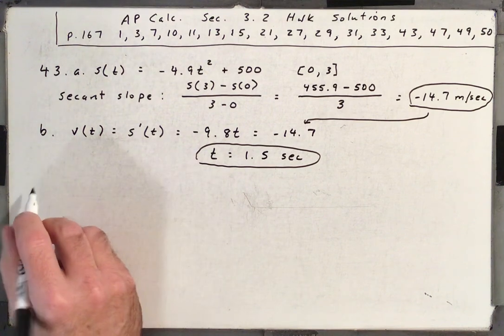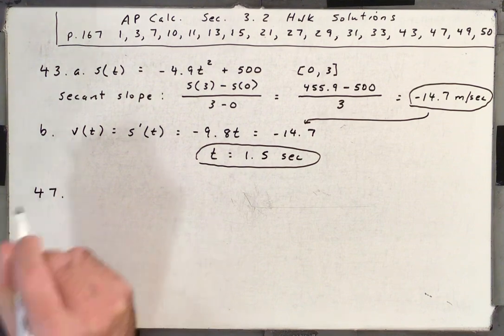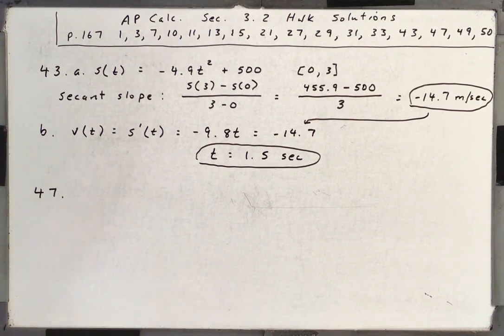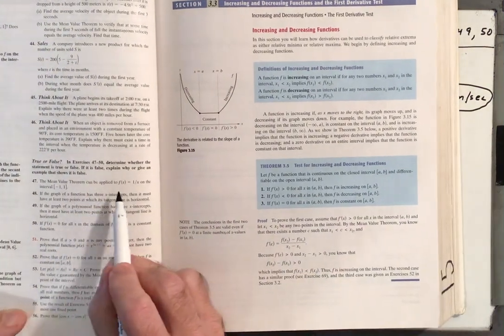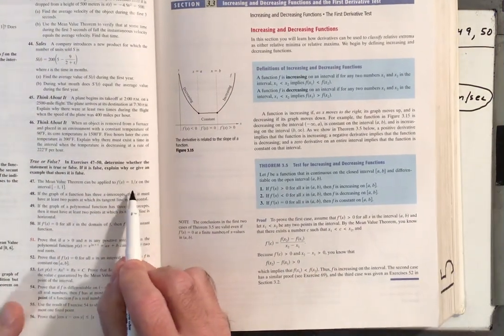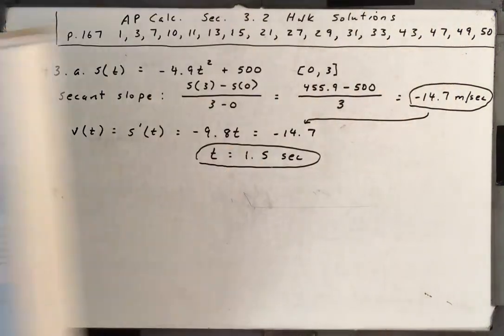So we've got a couple of true-false questions to finish this up. Number 47. So it says, the mean value theorem can be applied to f of x is equal to 1 over x on the interval negative 1 to 1. That's going to be false.